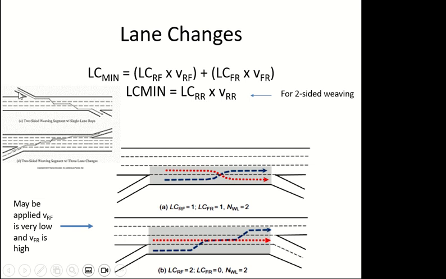If you are on the freeway and you want to come onto the ramp, you can do it directly here, and same thing here, so 2 here, and 2 here as well for freeway to ramp. So in this case it will be 4.